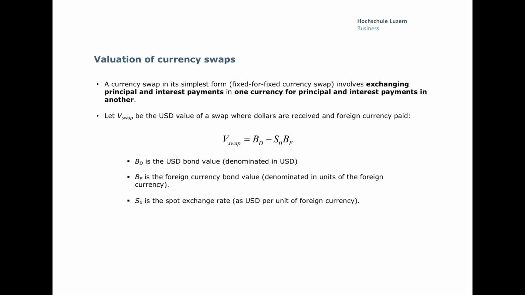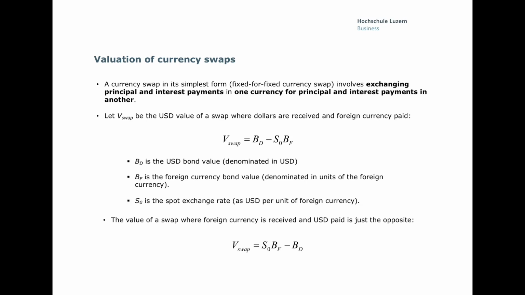To convert these foreign currency denominated cash flows into dollar cash flows, we need to multiply the value of the foreign bond by the corresponding spot exchange rate S0.